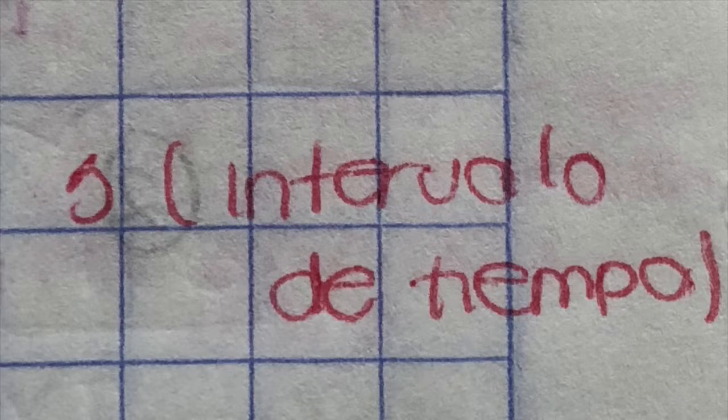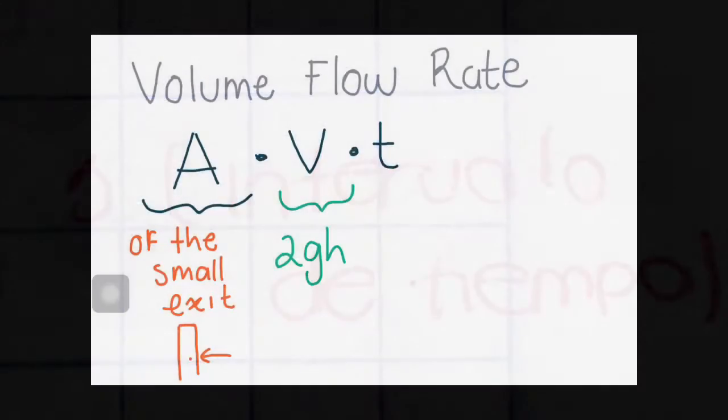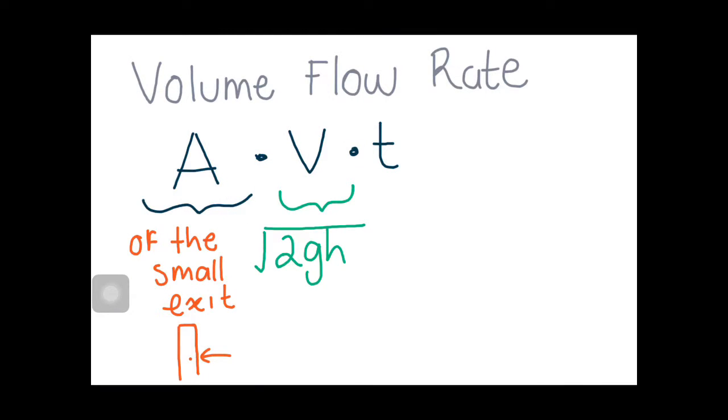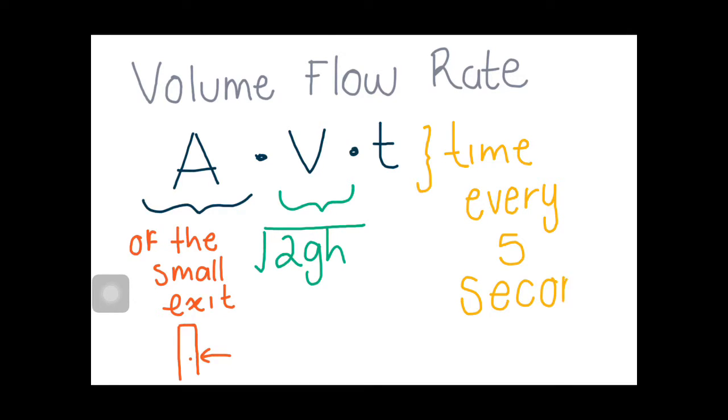The formula of the exit speed is the square root of 2 multiplied by the gravity and the small h, that is the level of the water. This is important because this h is going to change every 5 seconds. So, as we know, when the time is 0, the h is the maximum, that is 0.31 meters.